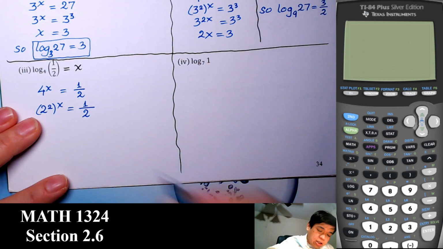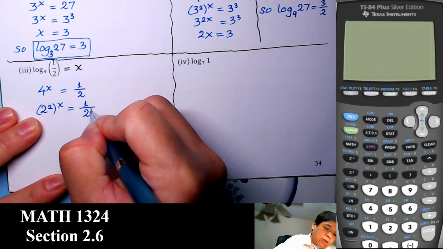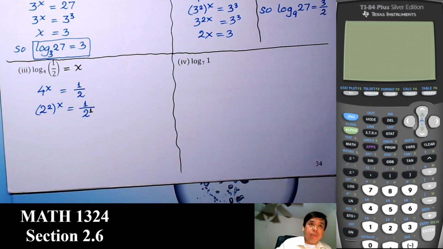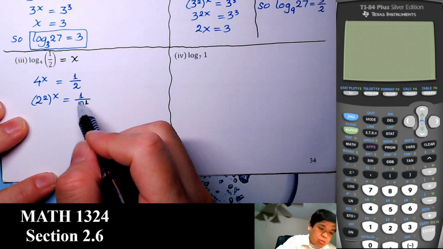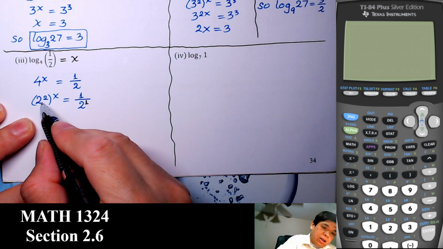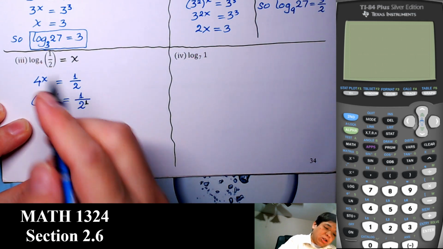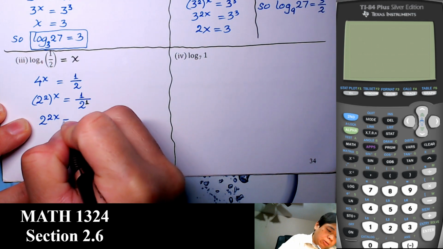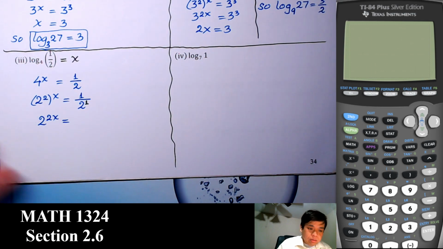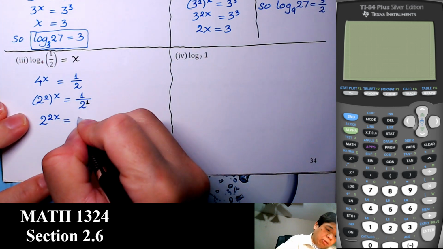Now we write this as 2 to the first power. So 2 squared to the x power is 1 over 2. Now this we know we can multiply the exponents together. The other one, I move that to the top, that becomes 2 to the negative 1.